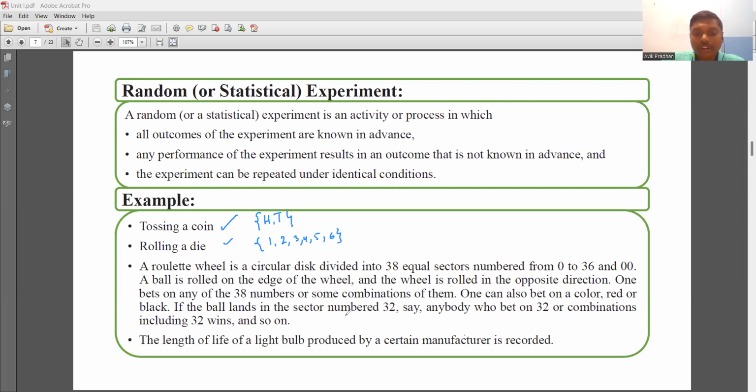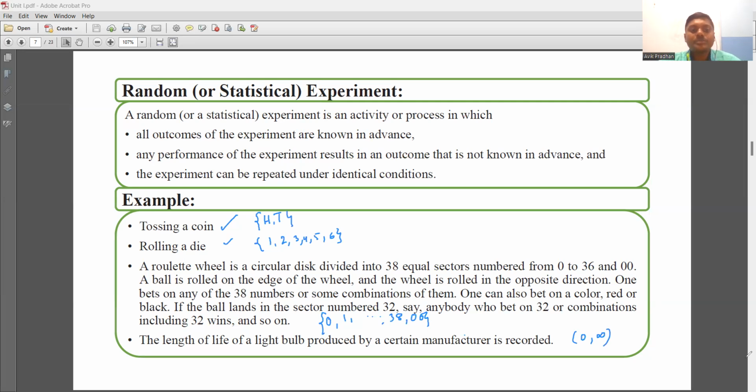If I think about the third experiment, there are 38 possible outcomes: 0, 1, 2 up to 36, and double zero, 38 possible outcomes if I consider only the numbers. But for this fourth experiment, the possible outcome can be any number between 0 and infinity. So I've taken this example purposefully to understand the fate corresponding to these random experiments.